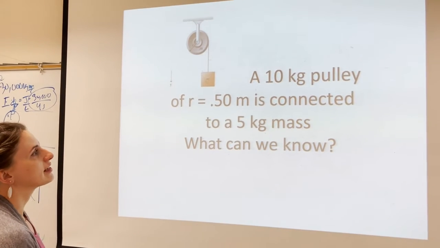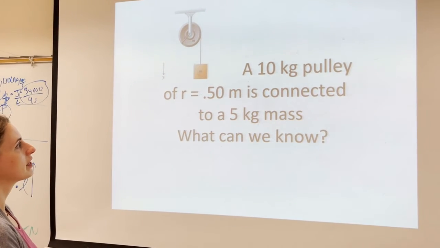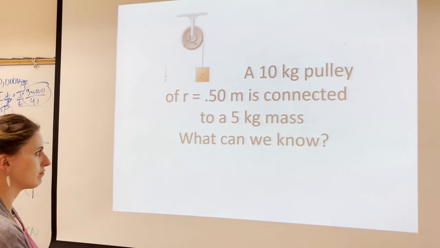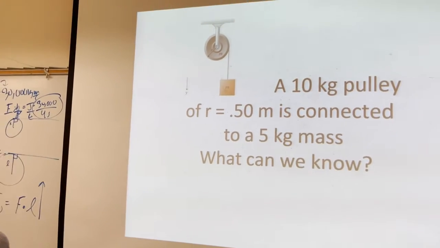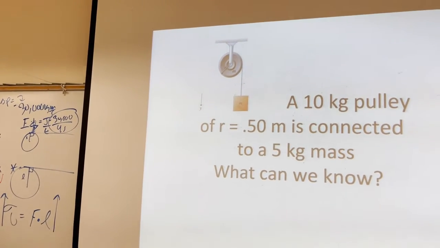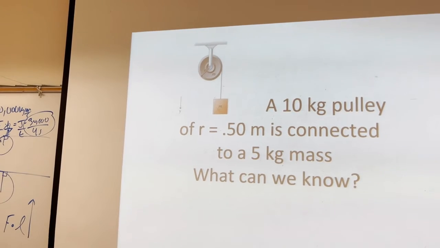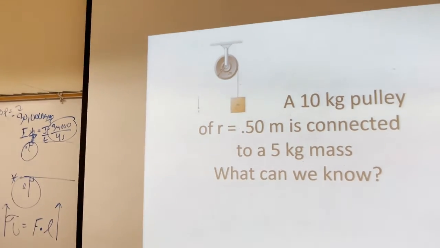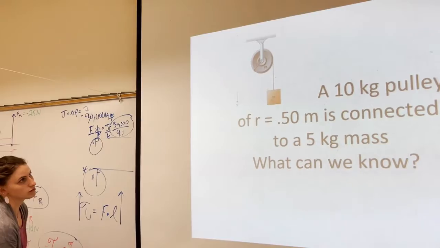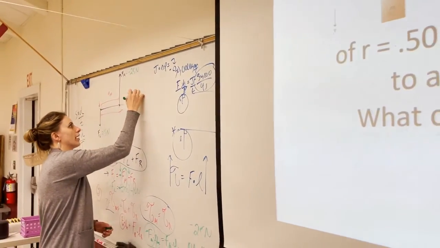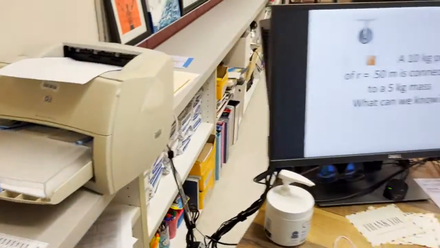All right, so we've got a 10 kilogram pulley of radius 0.5 meters connected to a 5 kilogram mass. What can we know? Well, if we assume that the pulley is like a disc, we could find the moment of inertia.